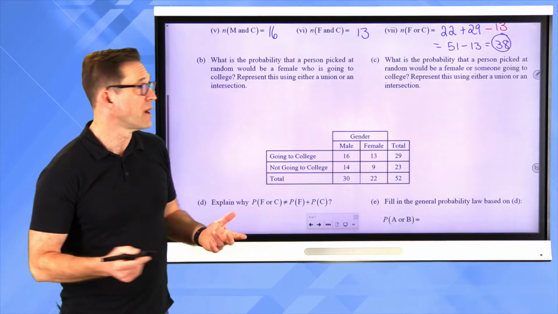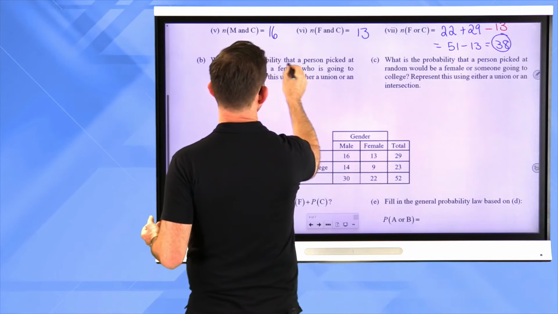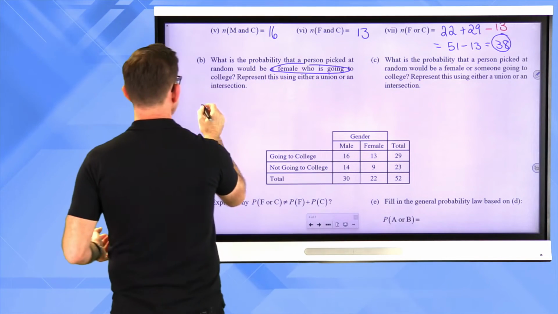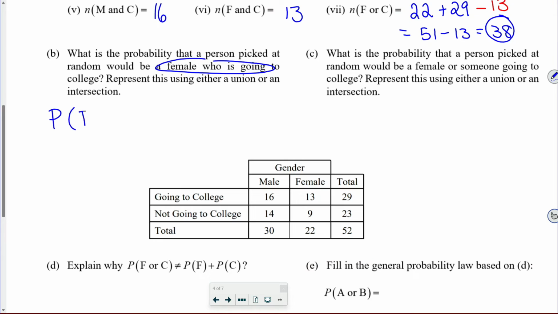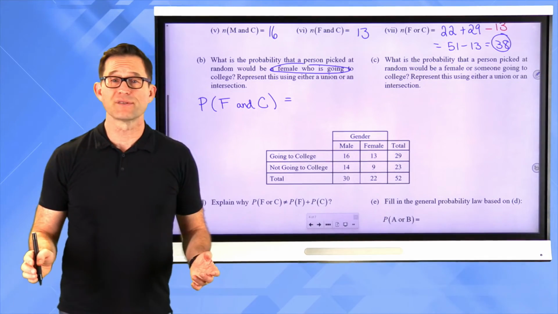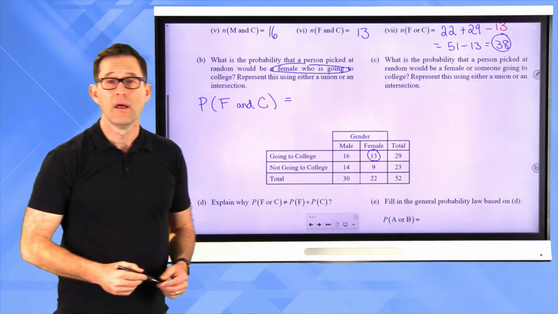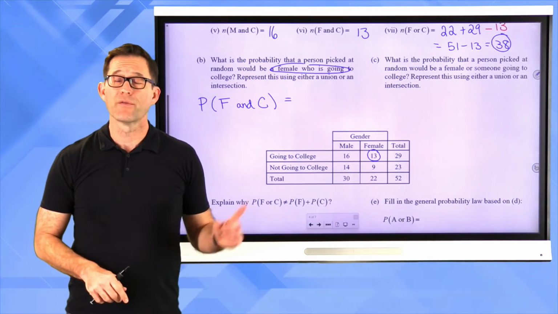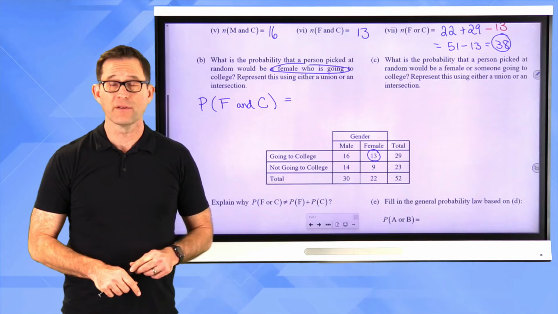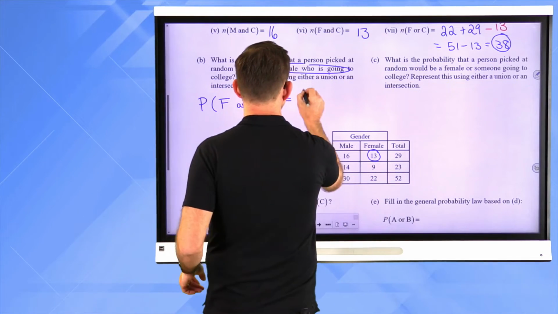So in other words, the probability picked at random would be a female who is going to college, we actually are looking for female and college. And there's no fancy formula we need for this, right? We simply take a look and we say, okay, there are 13 people that are female and going to college, right? That's the intersection, out of a total of 52 people.